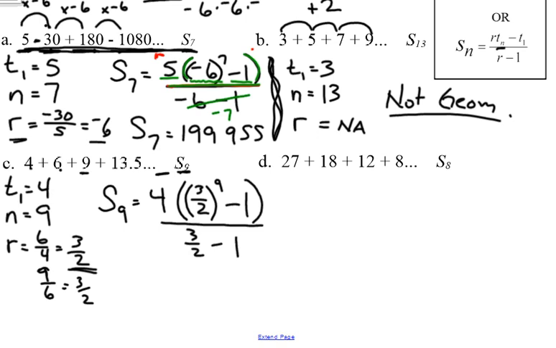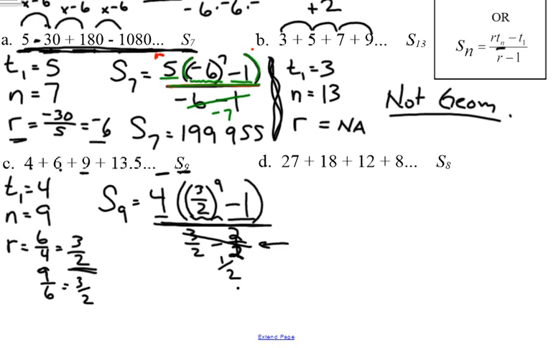First thing I'm going to do, 3 halves in the denominator here. 3 halves subtract, turn the 1 into 2 halves because that's equivalent to 1. 3 halves minus 2 halves, I know that's 1/2. So my last step will be to divide by 1/2. I'm going to do the exponent in the brackets, subtract 1, multiply by 4, divide by 1/2.